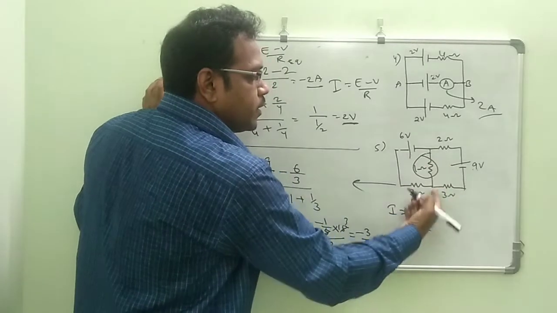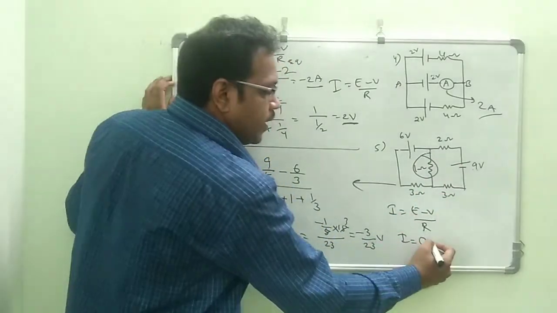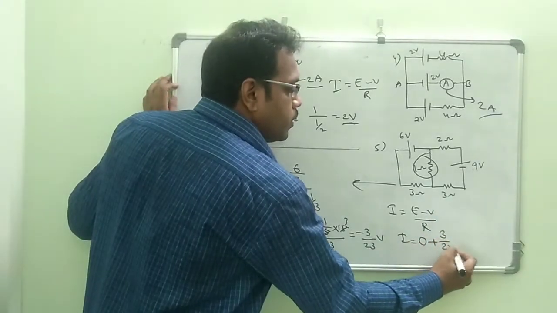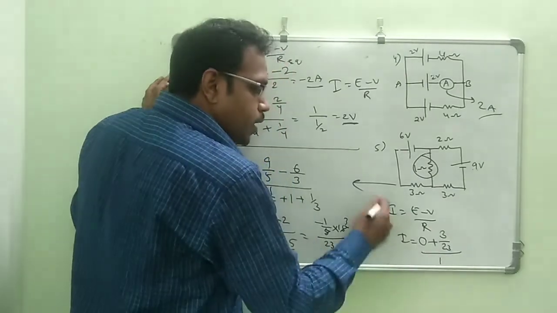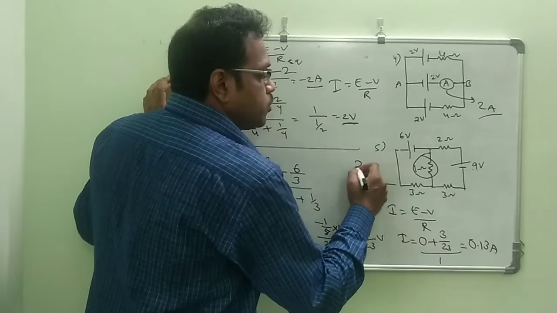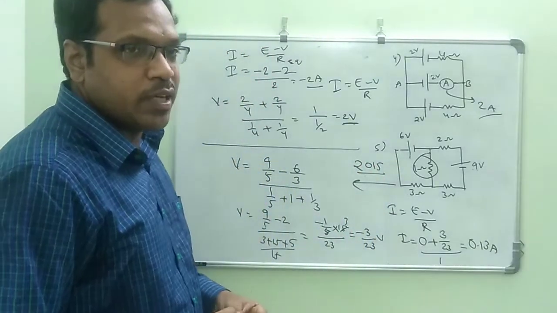There is no battery, no cell in this branch, so 0 minus the common potential, giving 3 by 23 by R. So 0.13 ampere. This was a JEE Mains 2015 question.